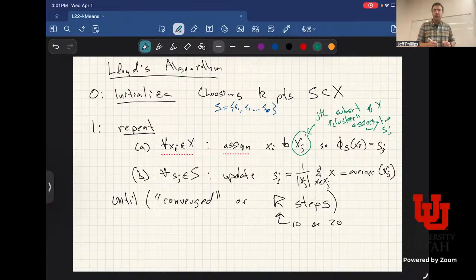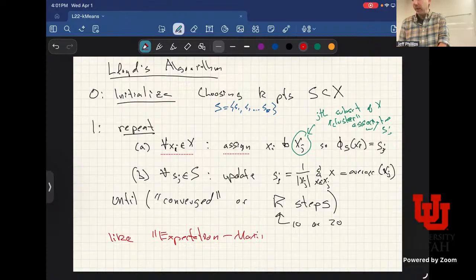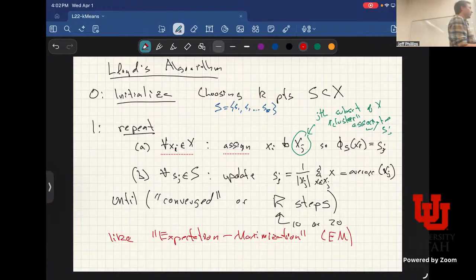This is like a version, though not quite, of a more powerful method called expectation maximization. These are called EM algorithms, and they basically iterate between two simple update steps where each of them is easy.